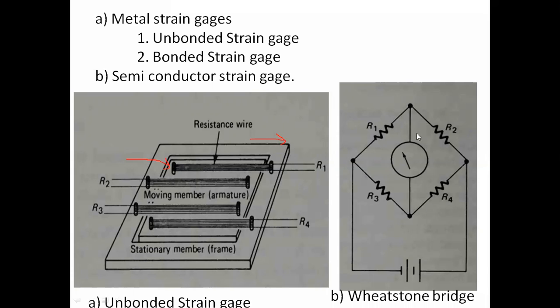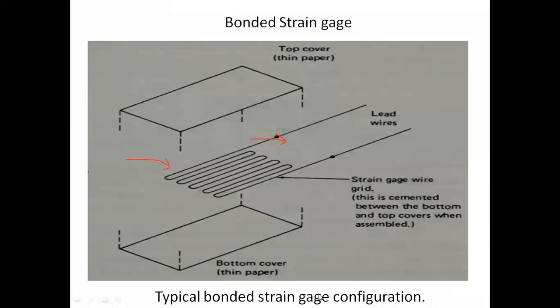Here we are using all these strain gauge resistance wires in the same Wheatstone bridge. So there is no need of temperature compensation in this unbonded strain gauge. So the next one is bonded strain gauge.